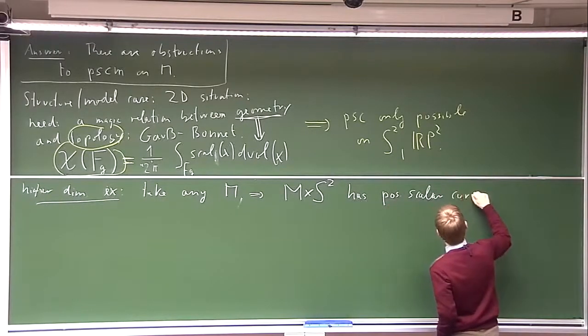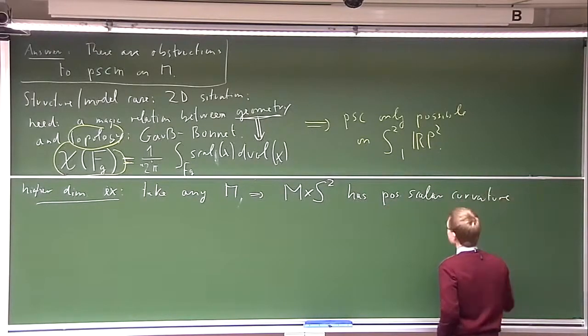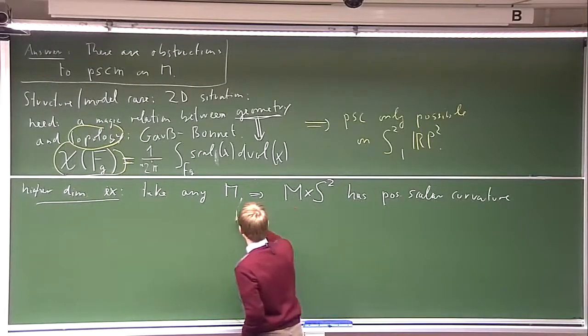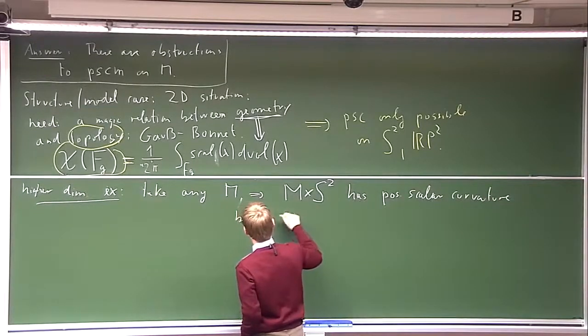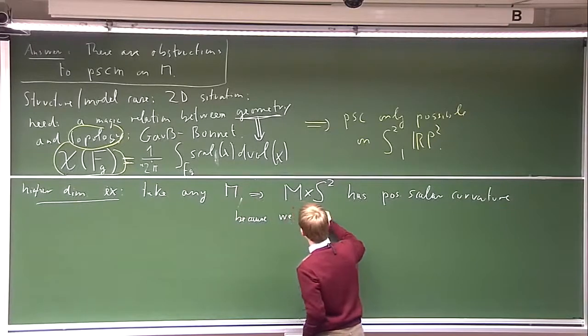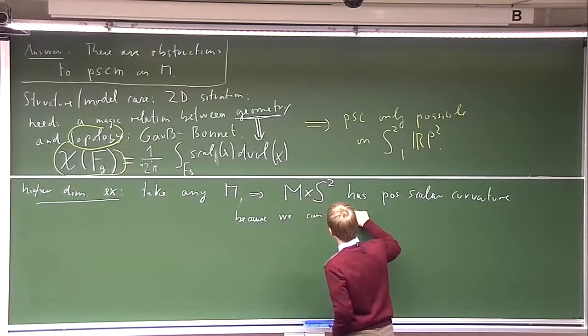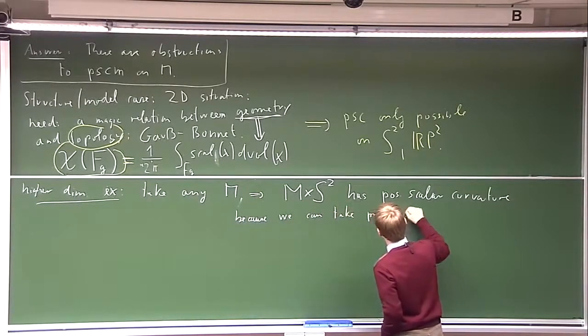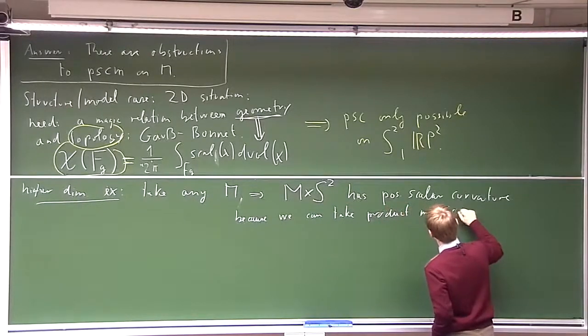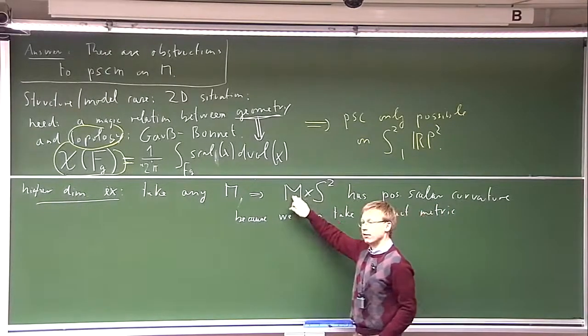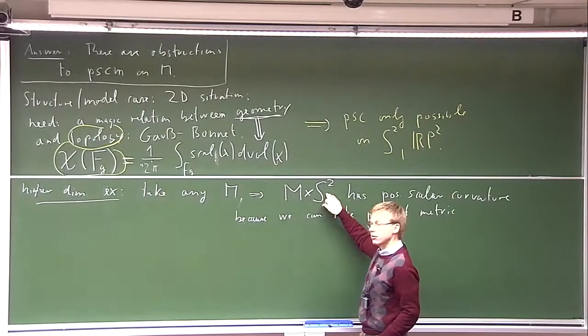scalar curvature, and the trick is simply we can take the product metric. We'll take just an arbitrary metric on here. You take the round metric on the 2-sphere.